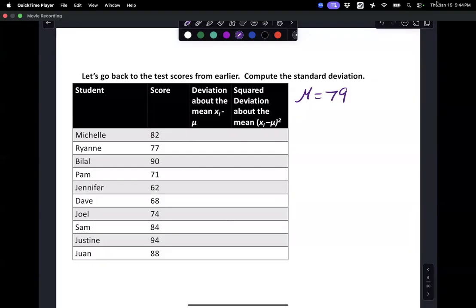Just do that part. If you're comfortable, once you find these, go ahead and start working on the rest of it.